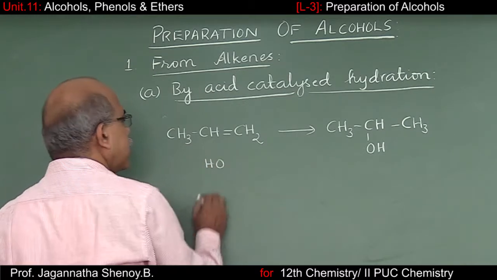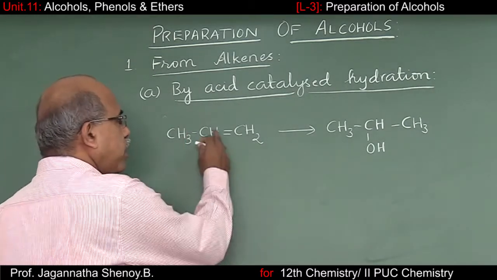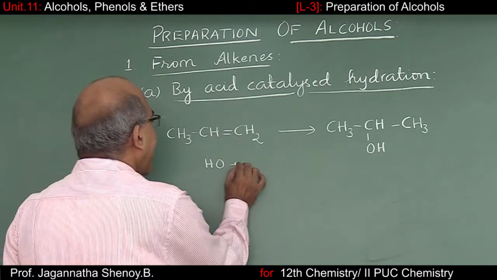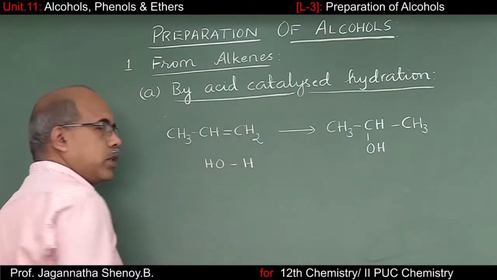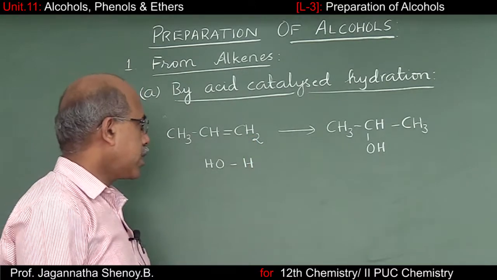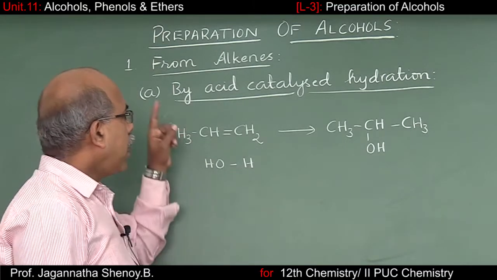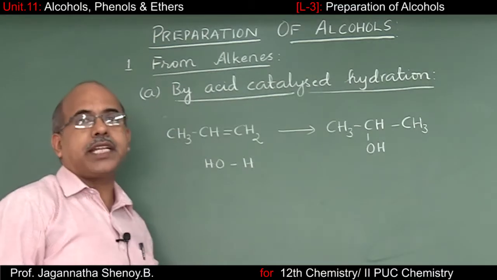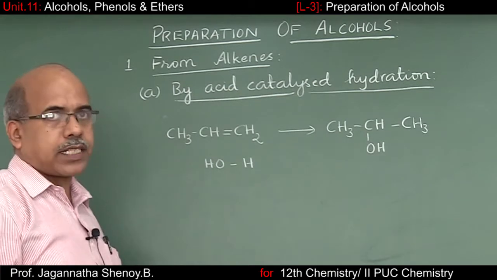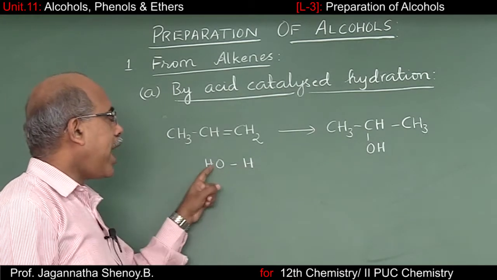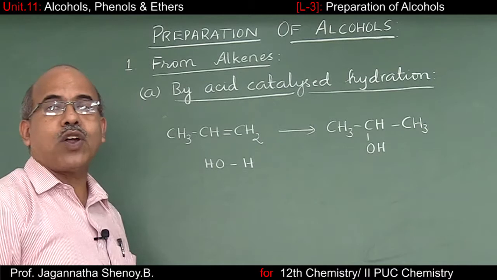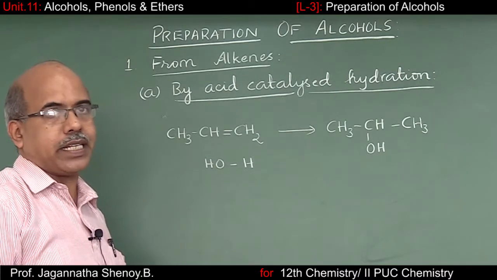If you observe the net change, what should happen? HO should go to the central carbon atom involved in the double bond, and hydrogen should go to the terminal carbon atom. In other words, by acid catalyzed hydration, the net effect is Markovnikov's addition of water across an unsymmetrical alkene.